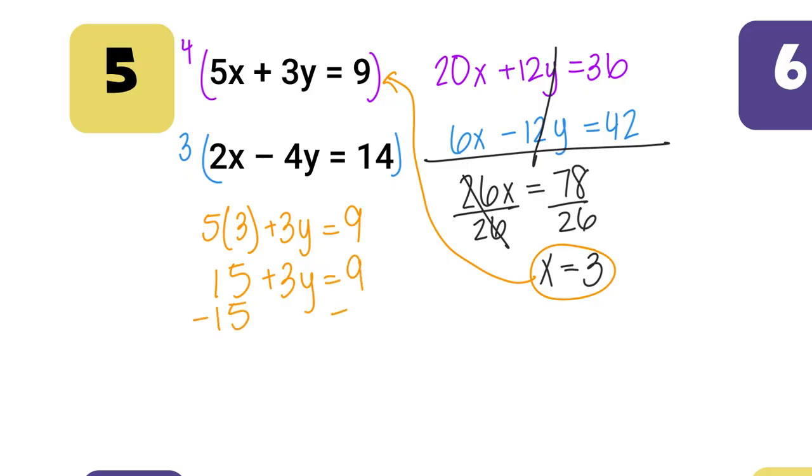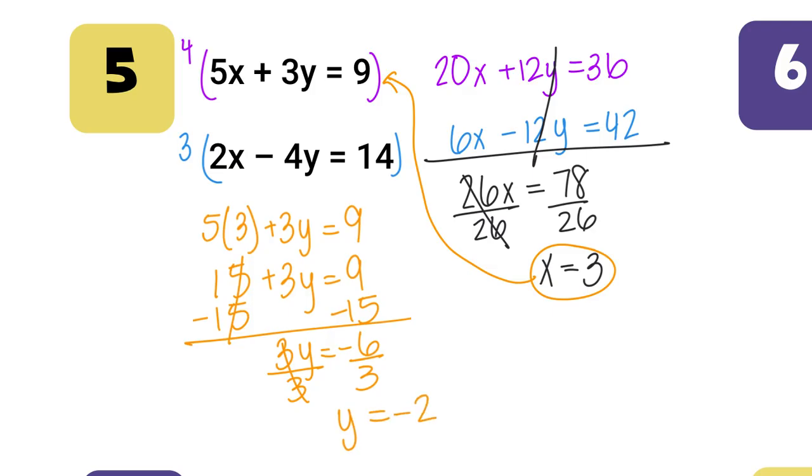Subtract 15 from both sides. I'm going to get 3y equals negative 6, and divide by 3 on both sides. And y is going to equal negative 2. So now I have x and y, writing my answer inside parentheses, x first, then y. And 3 comma negative 2 is my answer.